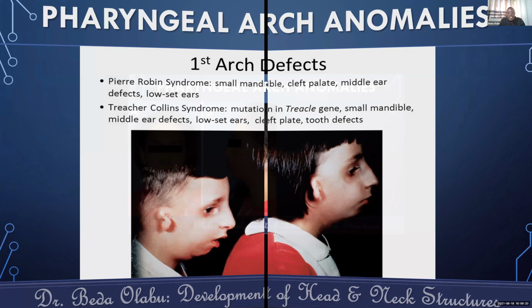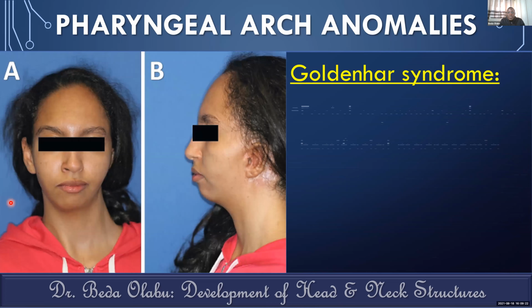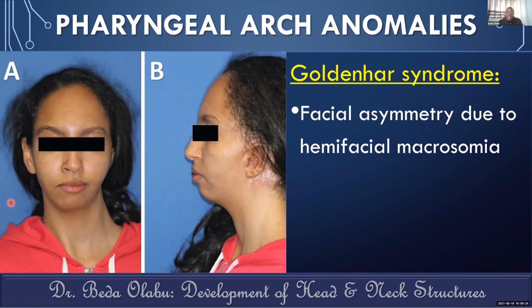Apart from first arch syndromes, we also have what we call Goldenhar syndrome. Goldenhar syndrome presents with facial asymmetry. The face of an individual is not symmetrical. The right and the left face are not symmetrical. And the asymmetry is largely because one side of the face is bigger than normal.